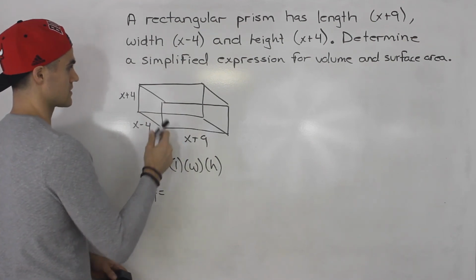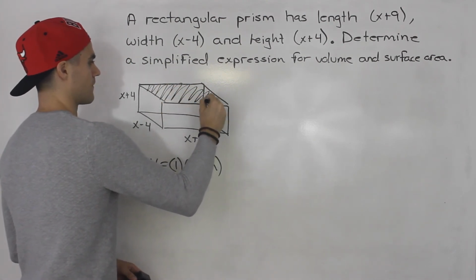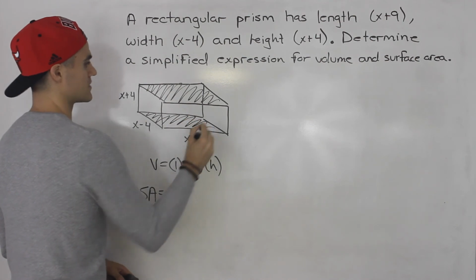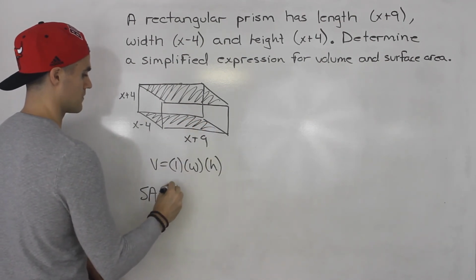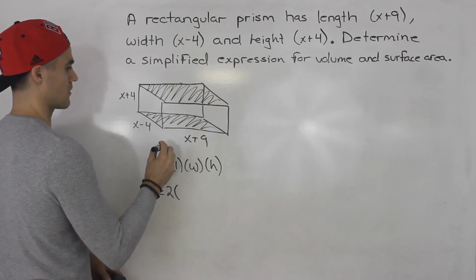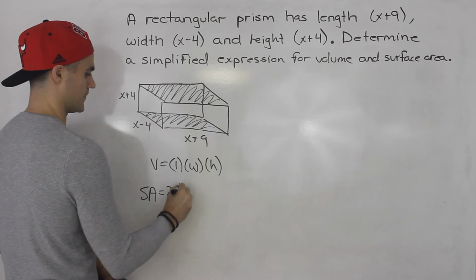So notice that the top face and then the bottom face are the same. There's two of them. And what is their area going to be? It's going to be length times width.